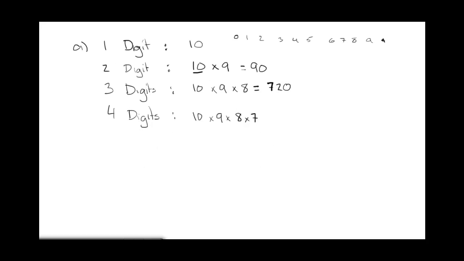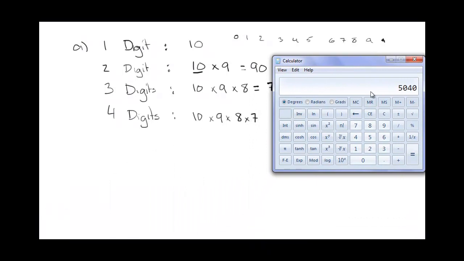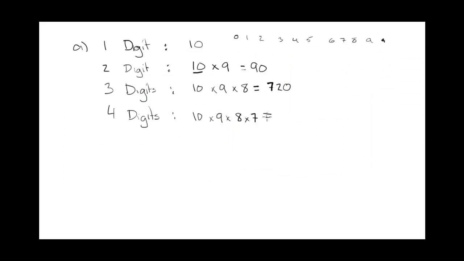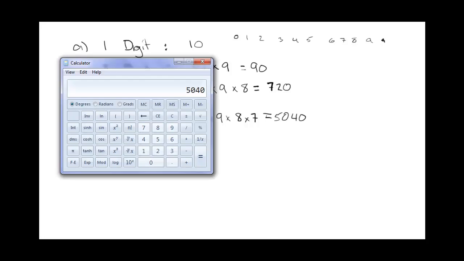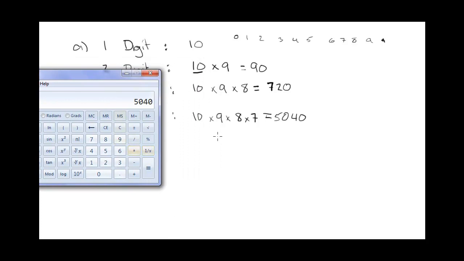Okay, so let's do this on a calculator. 10 times 9 times 8 times 7 gives me 5,040. Obviously not enough to get me to 60,000. So let's just add another digit.